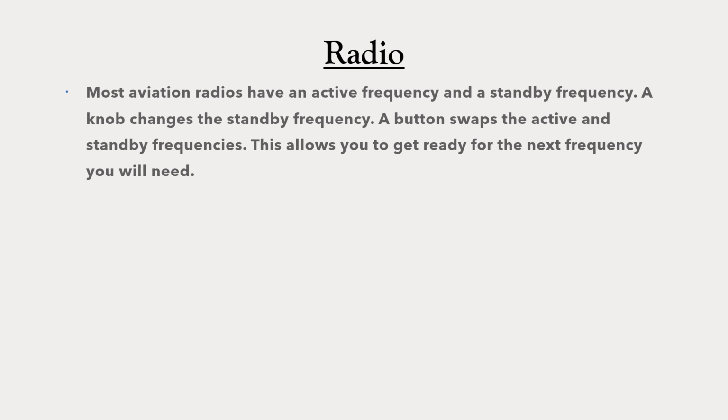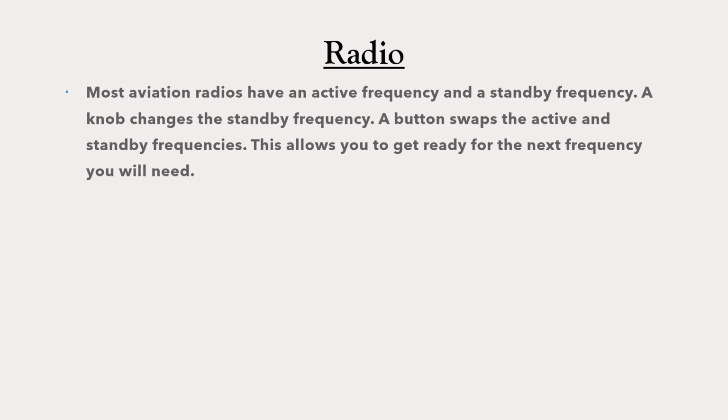So you have a knob where you change the standby frequency, and then you push a button and that swaps the active and the standby frequencies. So to change to a different frequency, it's a two-step process. You turn the knob to set the standby frequency to the frequency you want, and then you push the button to swap them.